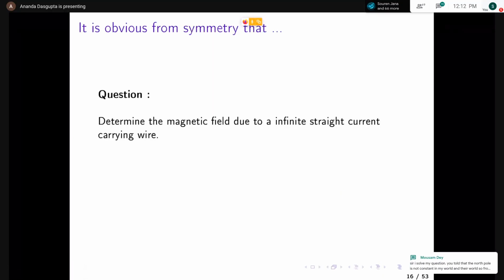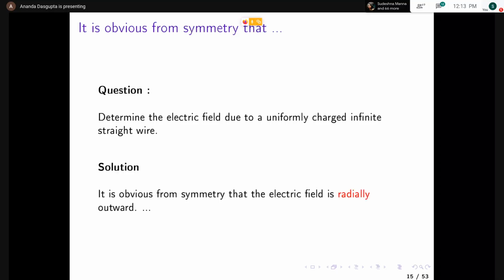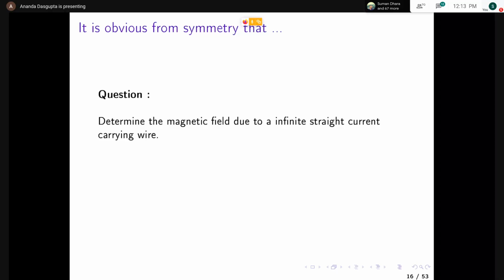So, another question. Determine the magnetic field due to an infinite straight current carrying wire. Here, of course, you use Ampere's law to solve for the magnetic field. And the solution starts with, it is obvious from symmetry that the magnetic field is tangential. So let me just point out that these two systems, an infinite straight wire carrying charge, and an infinite straight current carrying wire, have similar symmetries.